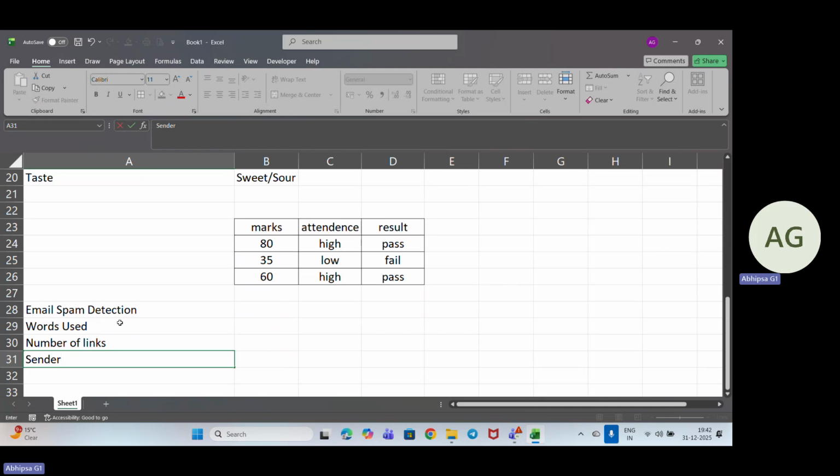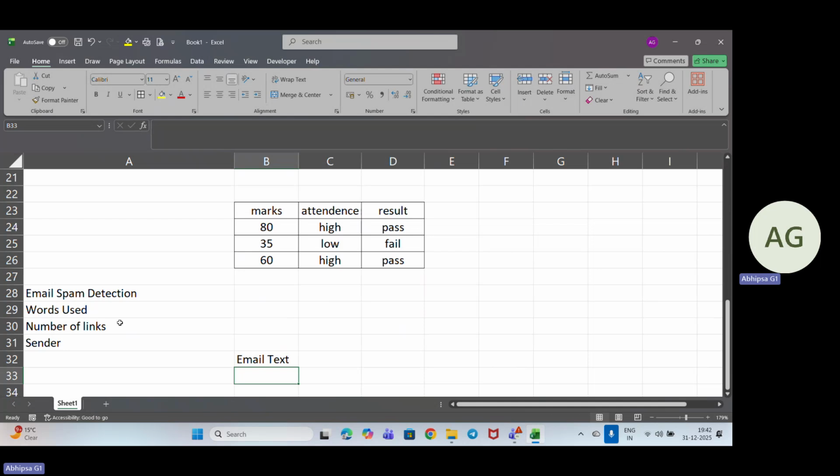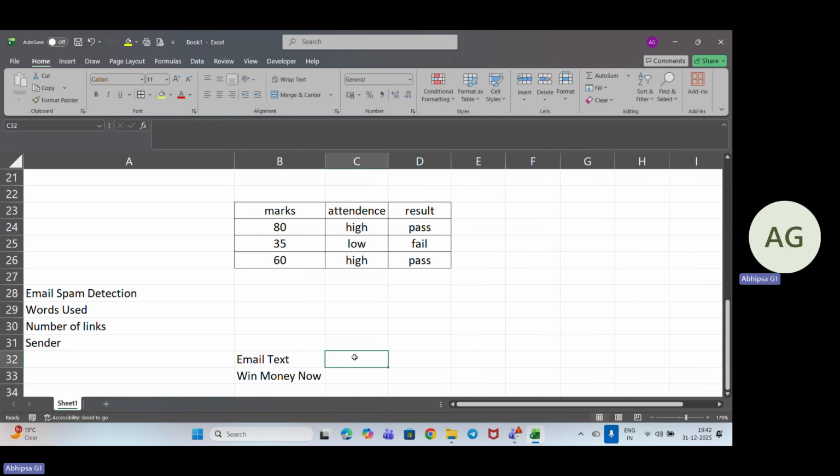Now, suppose I have an email text that says win money now. Okay, my text is coming out as win money now. Now, regarding the link, suppose many links are there.